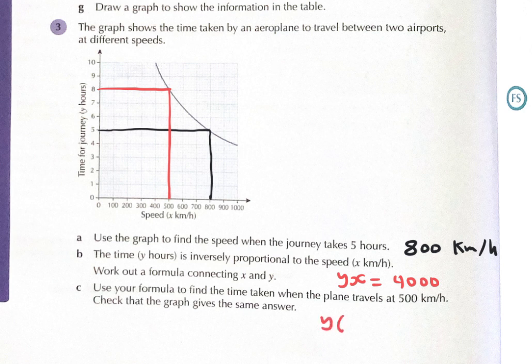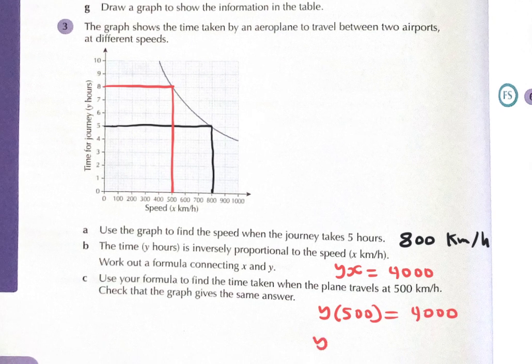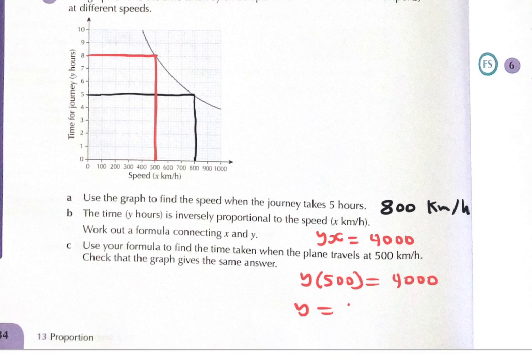So y times 500 equals 4,000. So y equals 4,000 divided by 500, which equals 8 hours. This is the answer for C. This is question 2, right? Yes, this is question 3.